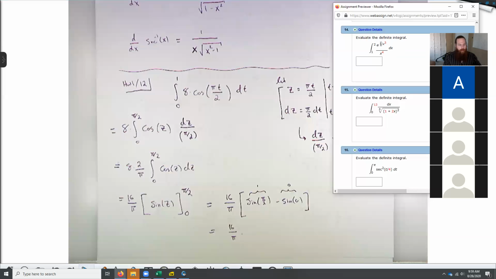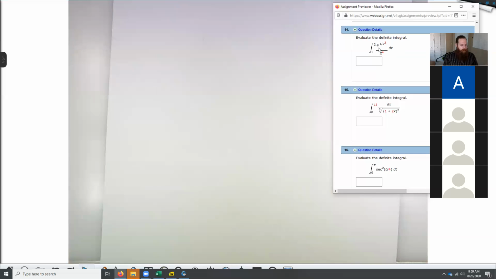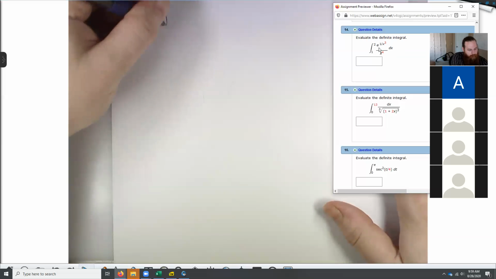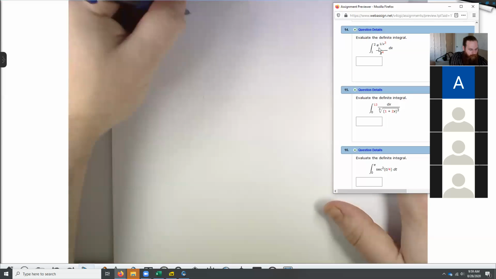Sure. What I see is when I go to integrate e to some stuff, I like that stuff to just be x, or to just be my variable. So when I see the integral in problem 14, my first thought is to try substituting for the exponent of e.